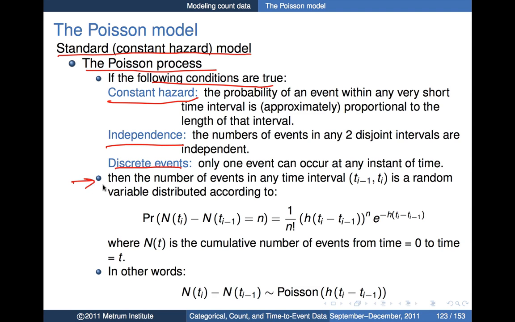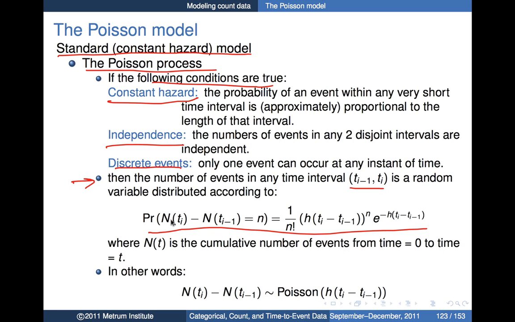That's the statement right here, really: if those conditions hold, then the number of events in any time interval, which I'm calling here t_{i-1} to t_i, the number of counts, is a random variable, and it's distributed according to the relationship shown here.